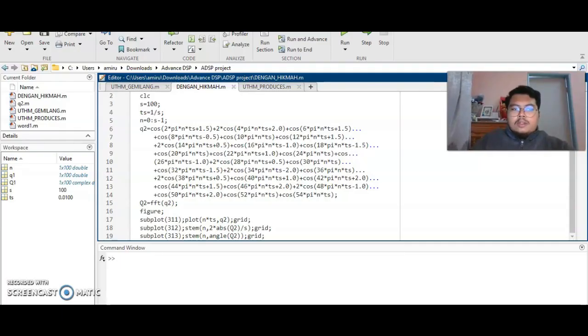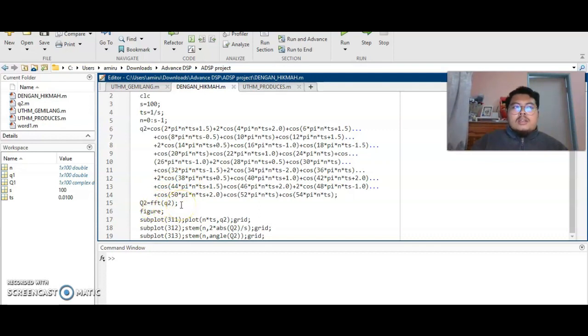For the second signal, dengan hikmah kita meneroka, the equation is quite long, so this is the equation that has been interpreted to MATLAB. We are using the same sampling frequency. Before I forget, the first thing is the code Q2 equals FFT Q2.